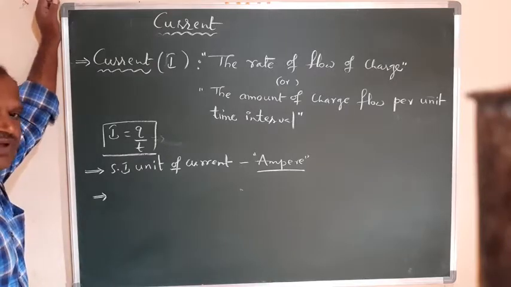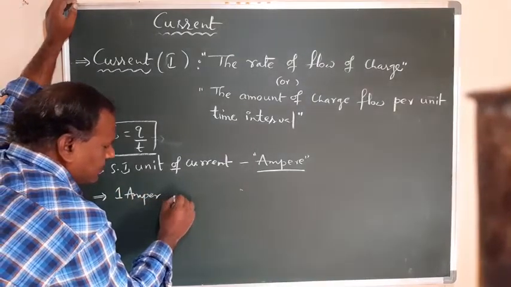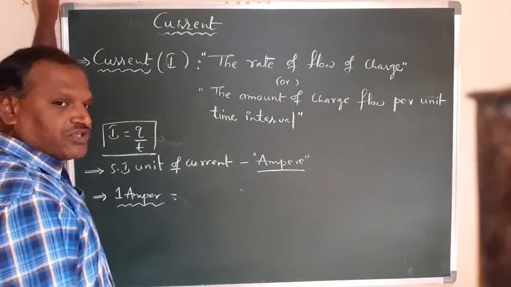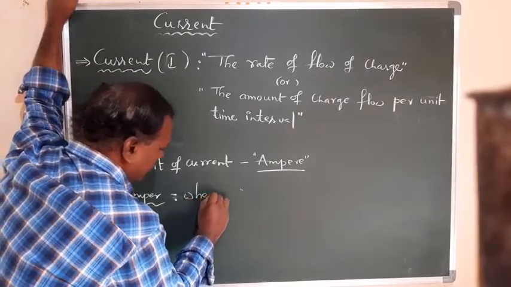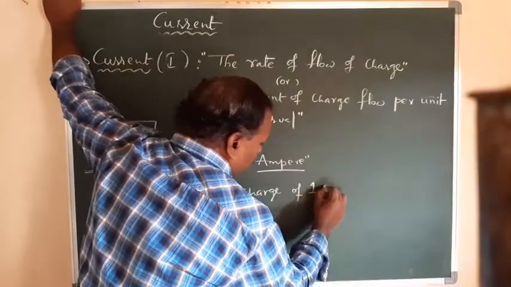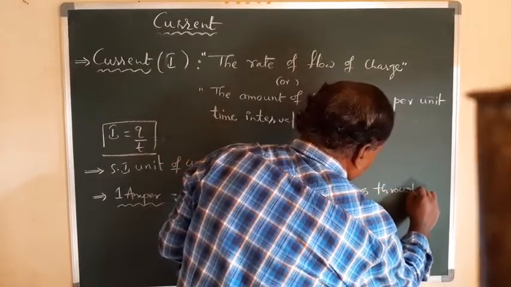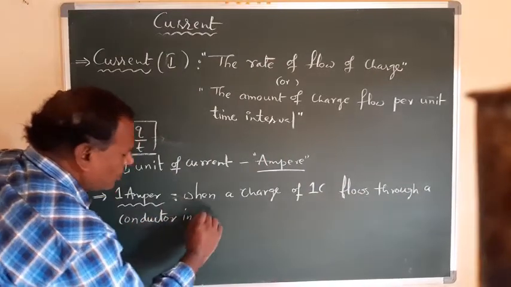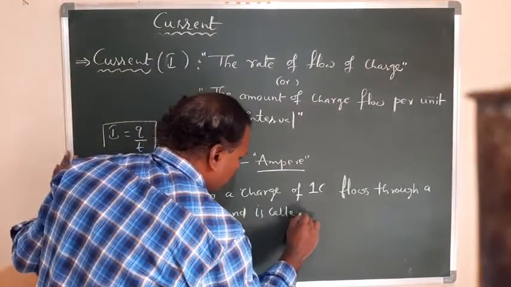The definition of 1 ampere: when a charge of 1 coulomb flows through a conductor in 1 second, it is called 1 ampere.